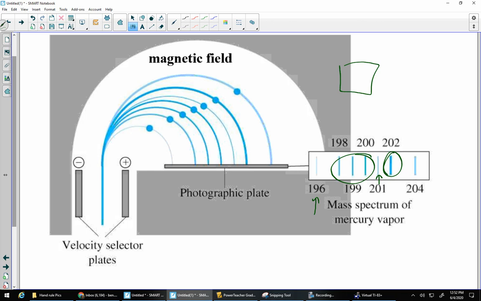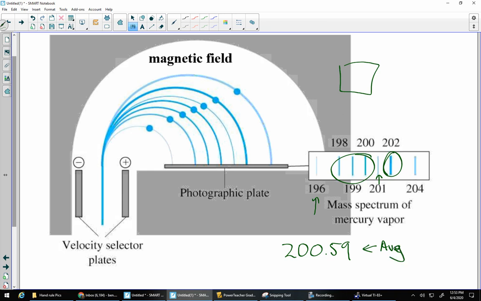So when we break this apart and when we separate it based on their masses, we can now get an idea of what the average atomic mass of mercury is. Where's my periodic table here? Let's just check it out. 200.59 is our average, and that's what we see on our periodic table, AVE or AVG.